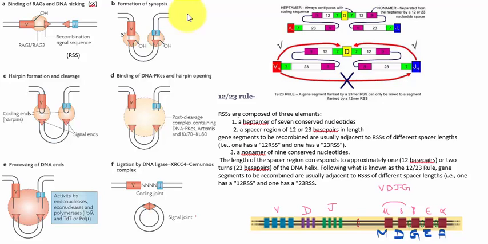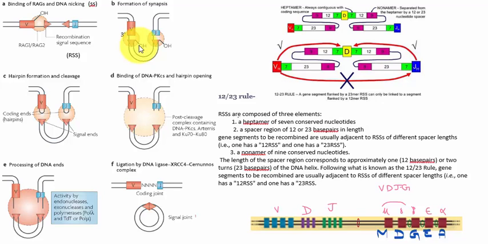Synapsis, we know from crossing over, is the pairing of the homologous chromosomes. So what RAG1 and RAG2 will do is create a single stranded nick in the DNA. These are the nicks. It creates the single stranded nick between the first base of the RSS and the coding segment, which results in the formation of a 3'-OH group.